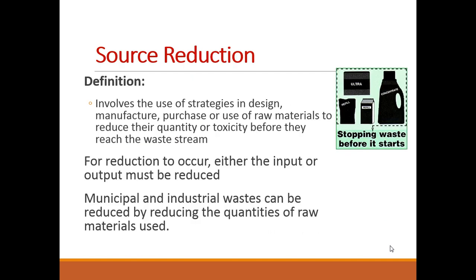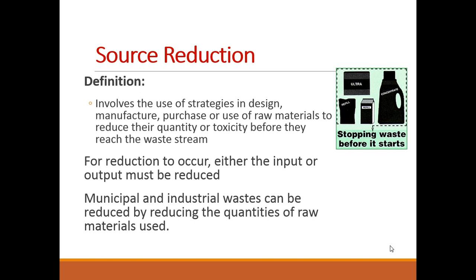So let's talk a bit more about source reduction. Let's define source reduction first. Source reduction involves the use of strategies in the design, manufacture, purchase, or use of raw materials to reduce the quantity of the materials that are used, as well as the toxicity that they produce that would eventually reach the waste stream and our environment.